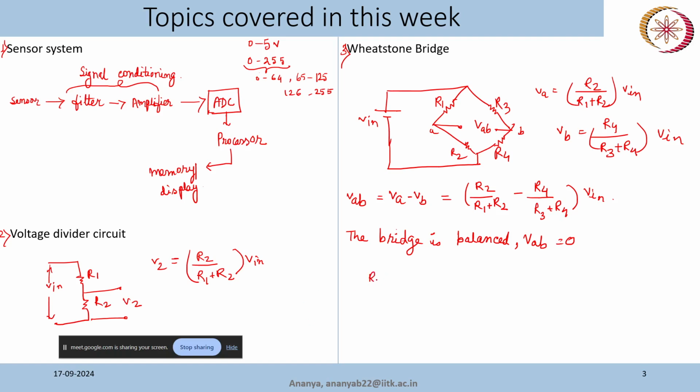So R2 by R1 plus R2 is equal to R4 by R3 plus R4, and if we simplify this expression, we get R1 by R2 is equal to R3 by R4. So this is the balanced condition for the Wheatstone bridge.